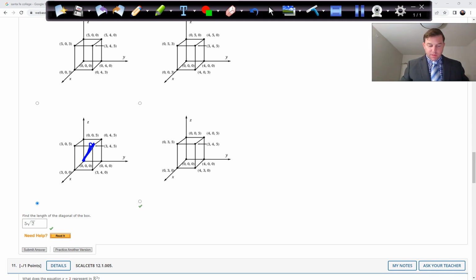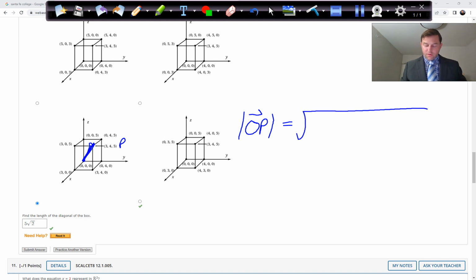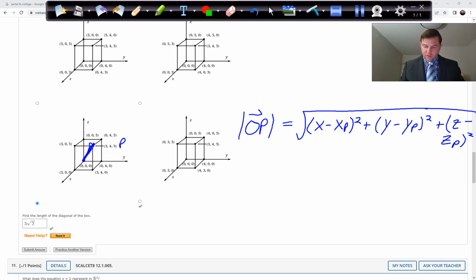Well, the distance in 3 dimensions, let's say from the origin to a point P, let's call this P, is going to be the square root of x minus the x value of P squared plus y minus the y value of P squared plus, I'm running out of room, z minus the z component of P squared, and all that's square rooted.